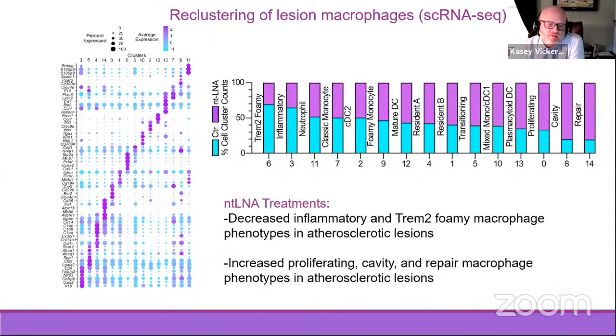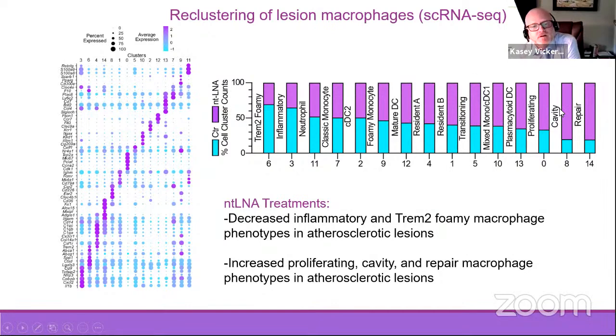And what we found with the LNA treatments is that overall the number of macrophages didn't change, but the polarization did. So the LNA treatments decreased the amount of inflammatory and TREM2 foamy macrophage phenotypes that we found. But it increased the number of macrophages that we would call proliferating or cavity macrophages or repair macrophage phenotypes. Those were all increased with the LNA treatments over here.